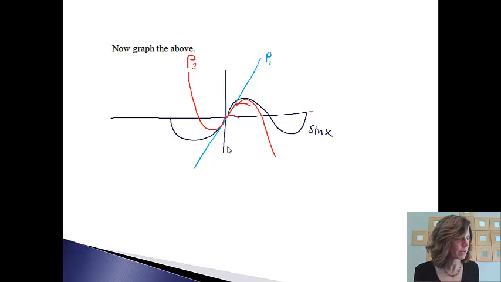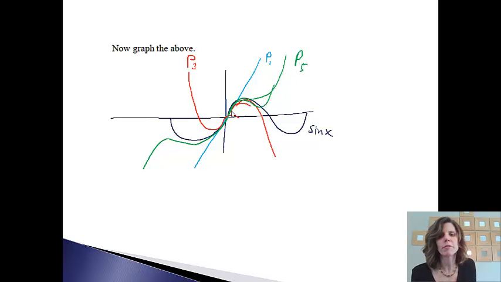If we type into our graphing calculator x minus 1/6 x cubed plus 1/120th x to the fifth, we will get something that looks like, actually it goes a little curvier down. Okay, that would be P sub 5. Notice we're actually starting to get more of the curve going on like the sine function.